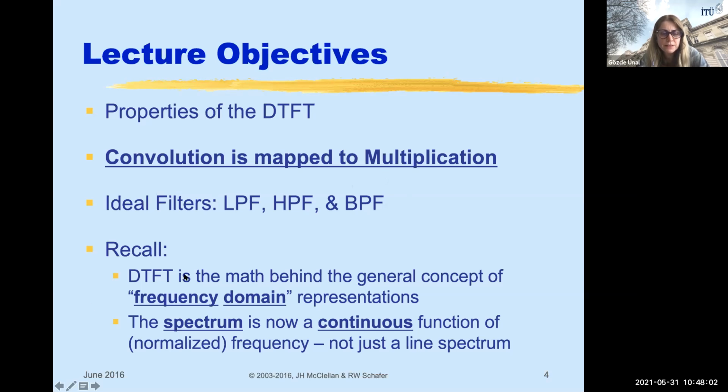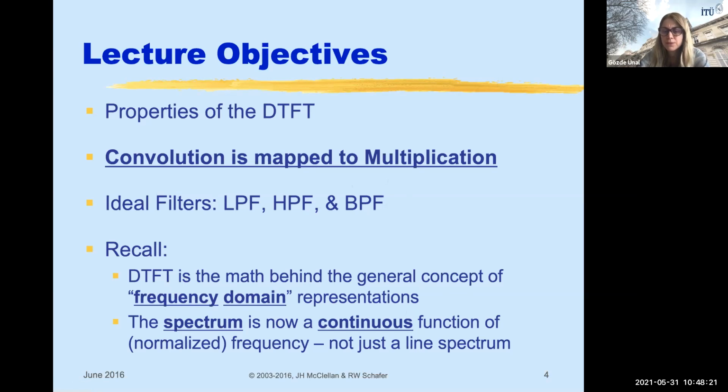Recall that discrete time Fourier transform is the math behind the general concept of frequency domain representations. The spectrum in this case is still a continuous function of normalized frequency. Before, it was a continuous function of frequency, not normalized.